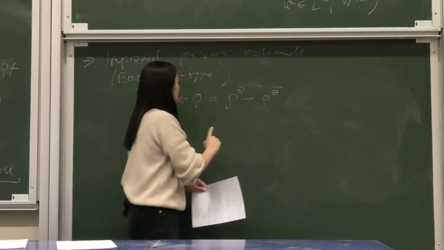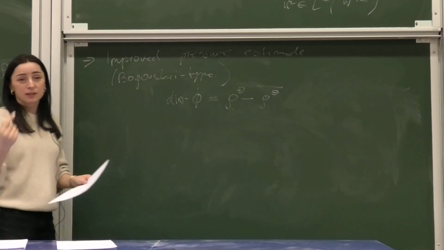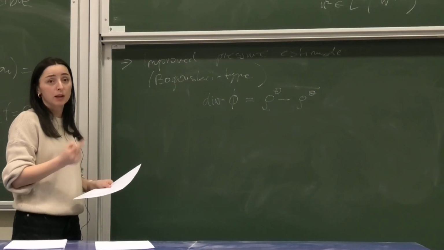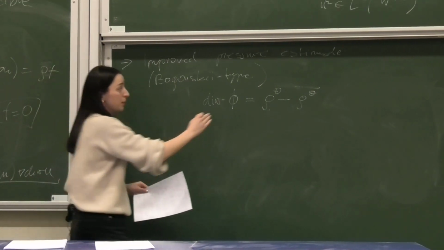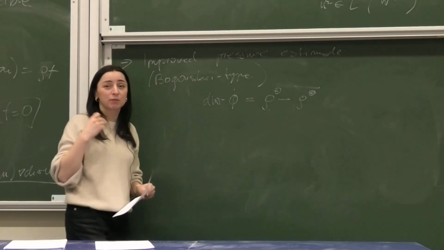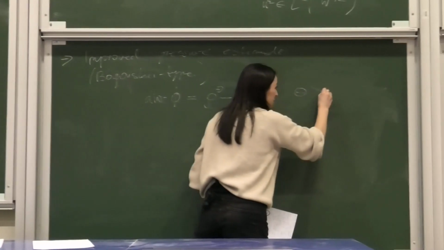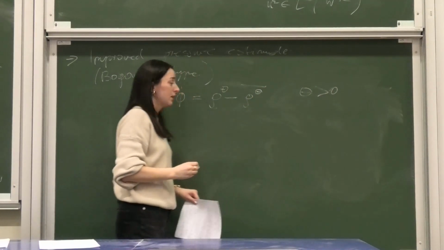You can show that you can construct this operator. It's a linear operator from LP to LP. This theta depends on the choice of gamma, but for us, the only thing that matters is that theta will be strictly bigger than 0.